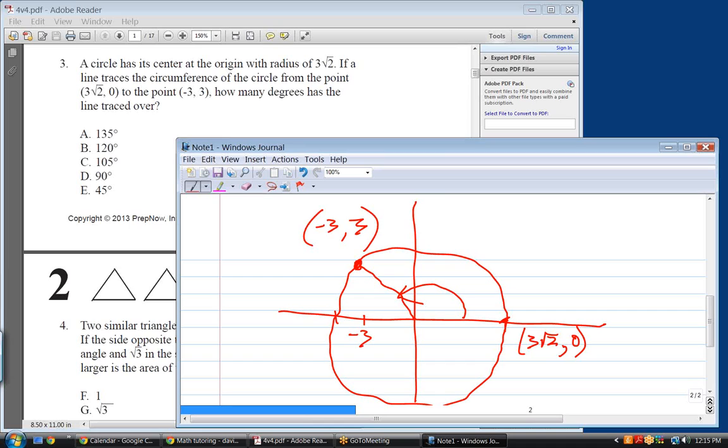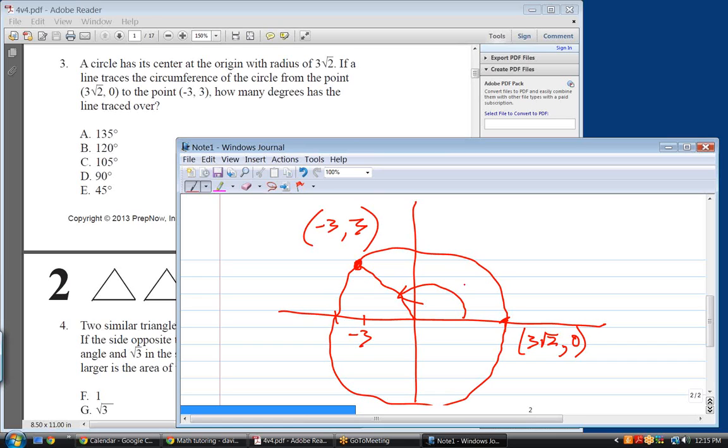Can it be 45 degrees? No. Can it be 90? No. Okay, so it's either 105, 120, or 135. Our picture suggests what, if you had to guess right now? I would say like 120.